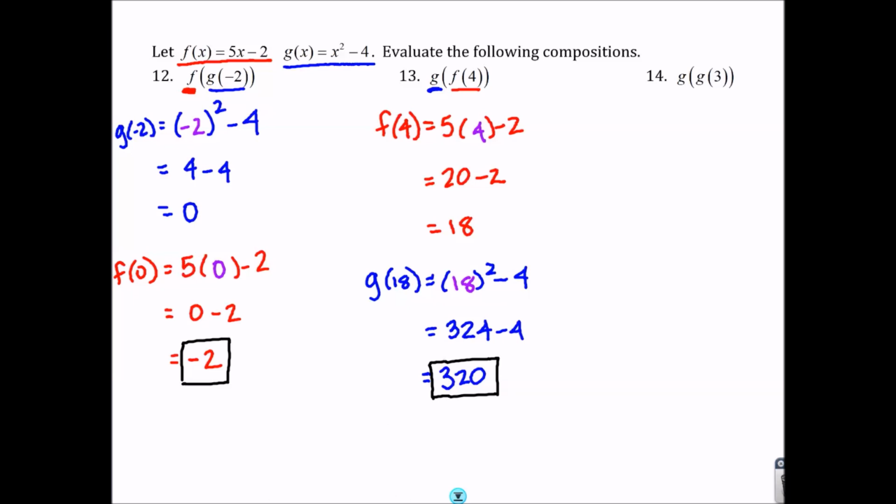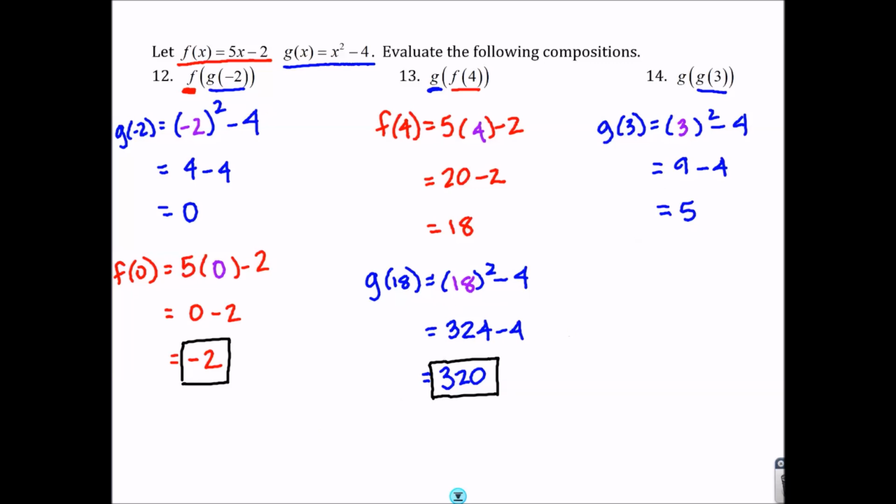For this last example, we have g of g of 3. So I'm going to start in the innermost parenthesis, which is 3, and plug that in for g of x. So 3 squared gives me 9, minus 4 is 5.